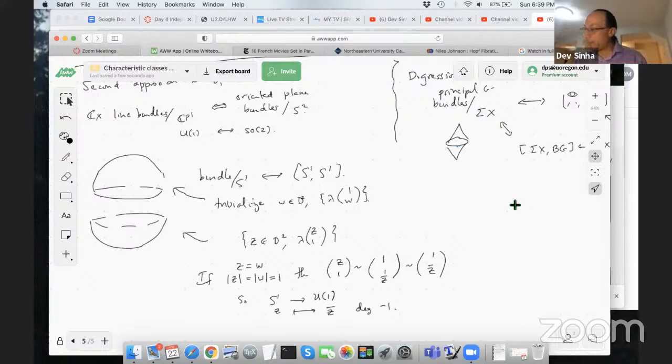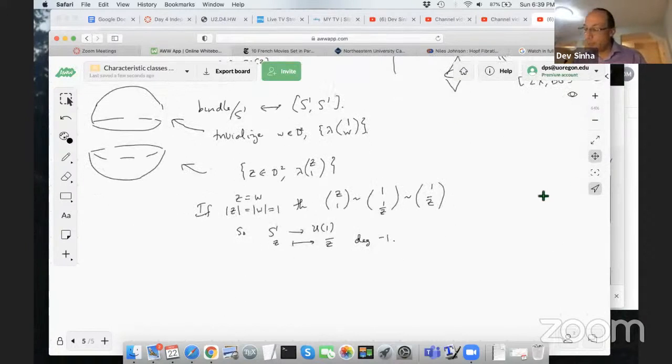By the way, an exercise, and this was a formative exercise for me when I first learned the theory of characteristic classes, is that for the tangent bundle of S2, the resulting map is degree 2.